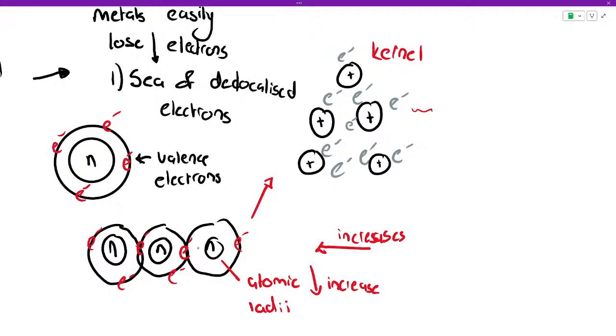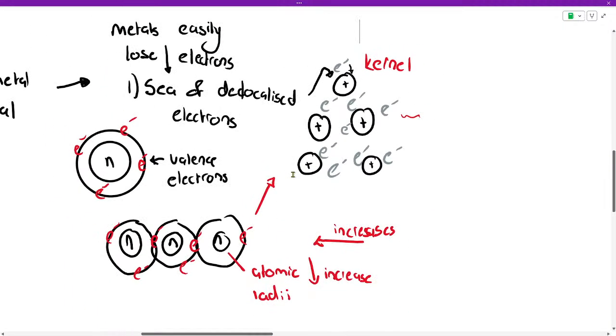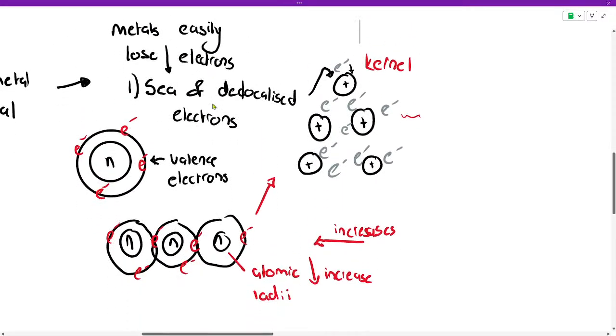So metals, because they're on the left, will tend to have a bigger atomic radii. Therefore, they overlap, and then the electrons become delocalized. Because the electrons aren't inside the atom technically anymore, they can easily just go away, meaning metals easily give electrons. That's basic. That sums up everything you need to know about metals.